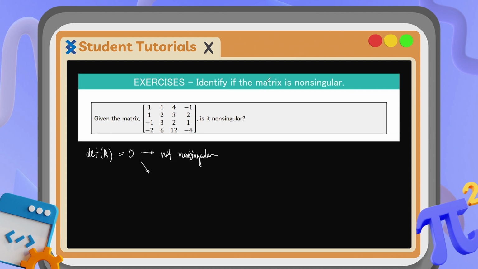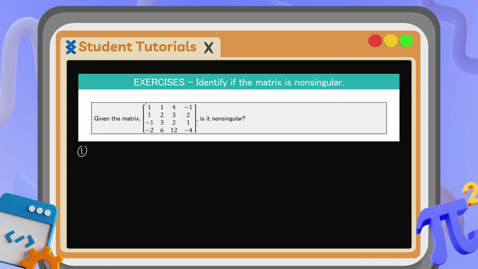Meanwhile, if the determinant is non-zero, then it is non-singular. But we won't use these techniques, and we will make use of the rank to find whether this matrix is non-singular or not.